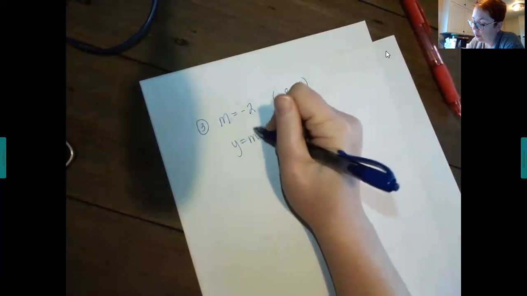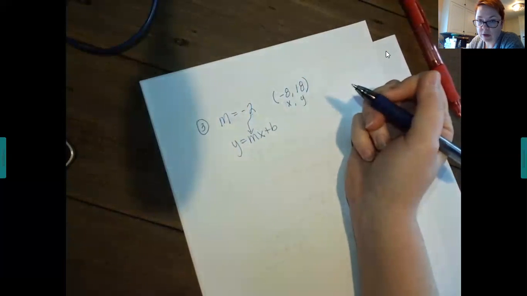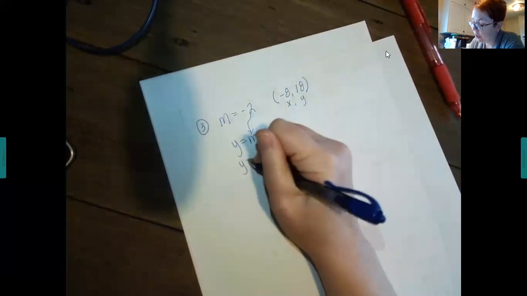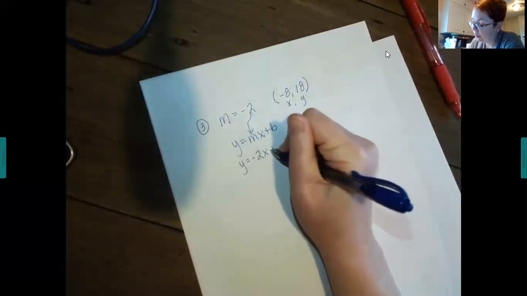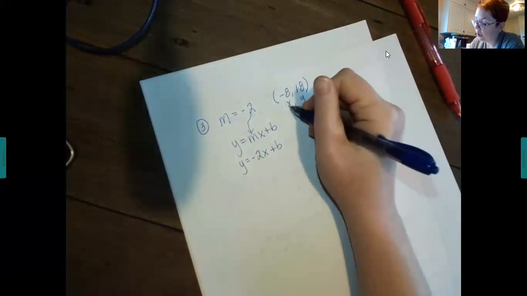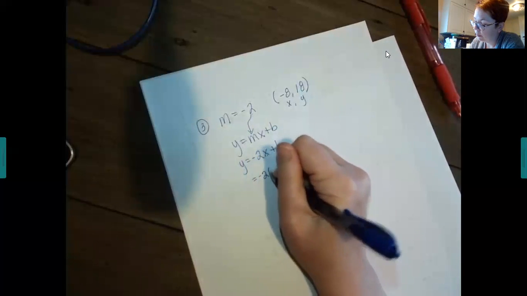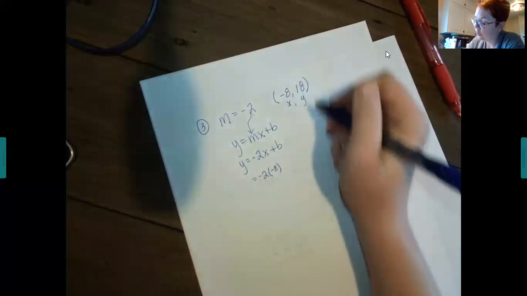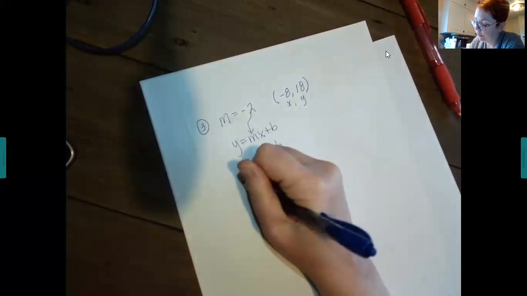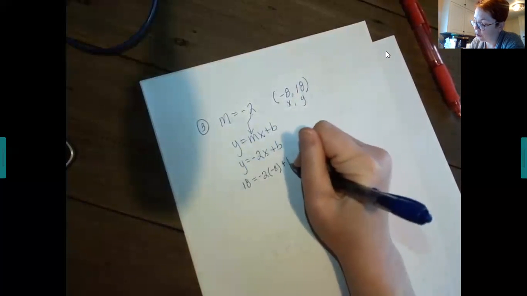We have a value to put in for m, so we're going to substitute that in. We have a value to put in for x. We're going to substitute that in. We have a value for y. And we're trying to solve for b.